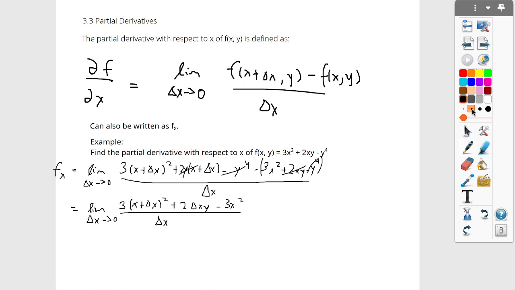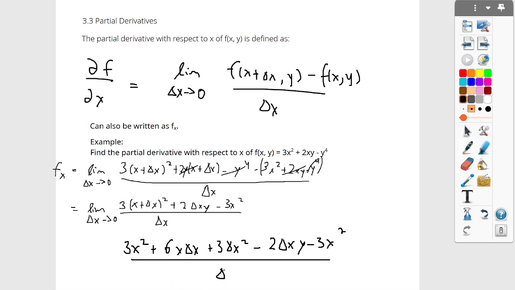So that is that, right? Which means, what will you get? Well, you will get 3x squared plus 6x delta x plus 3 delta x squared, minus 2 delta xy minus 3x squared over delta x.